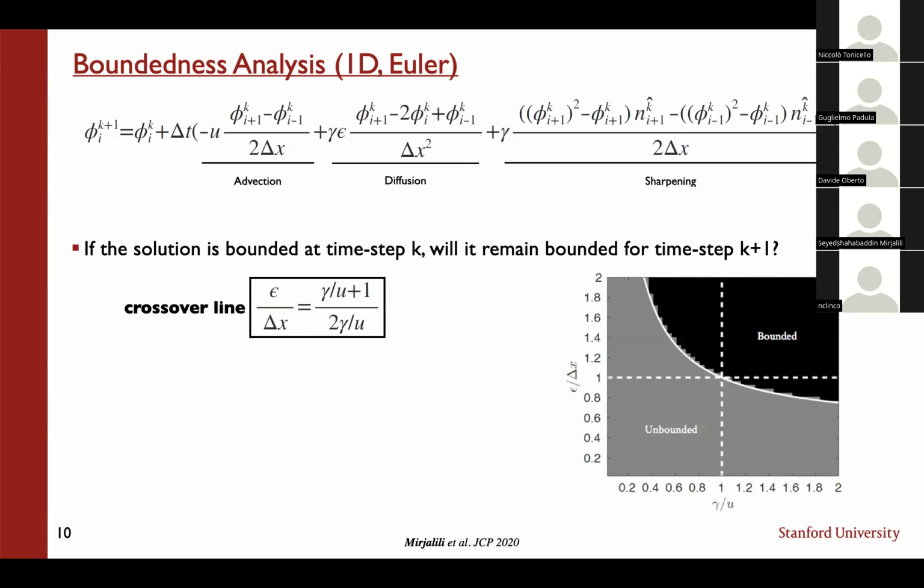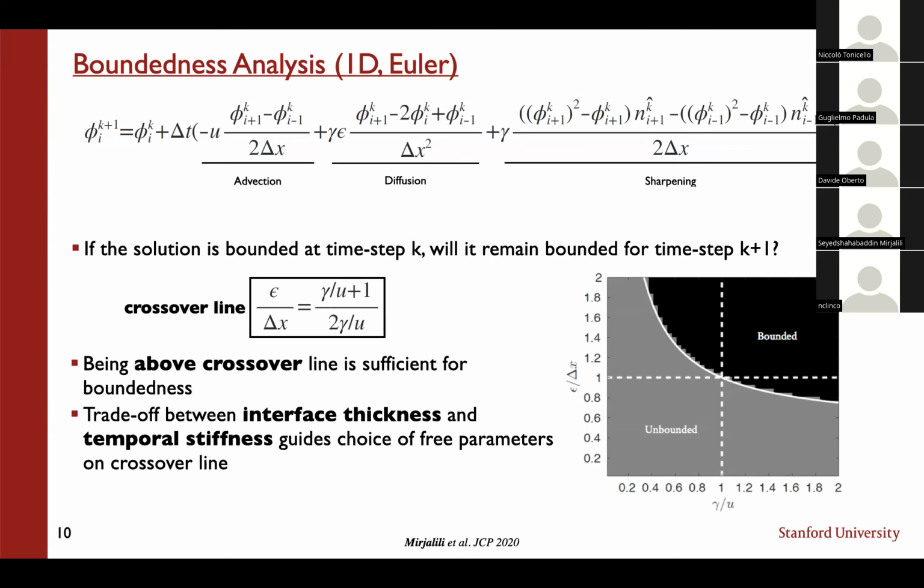And it turns out that there's a nice theoretical proof, and there's this boundedness plot that says if you're above this line, you have enough diffusion to overcome your overshoots and undershoots, your dispersion errors. And so a lot of times when I do simulations, I either choose this point over here, epsilon over delta x of 1 and gamma over u of 1, or somewhere like down here, right?